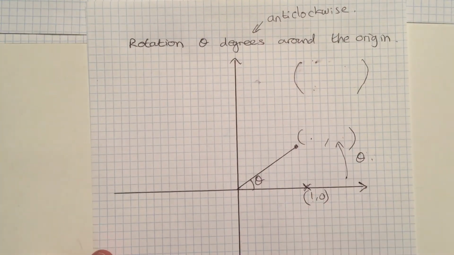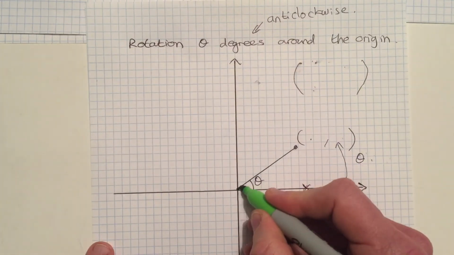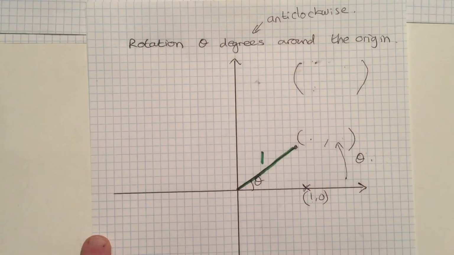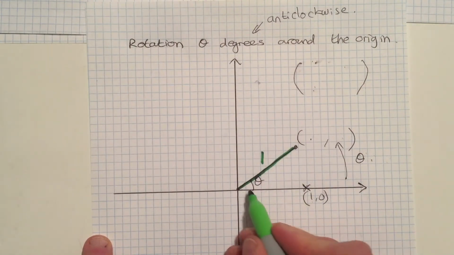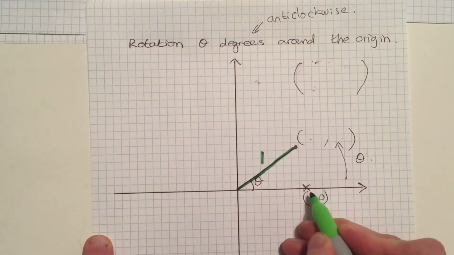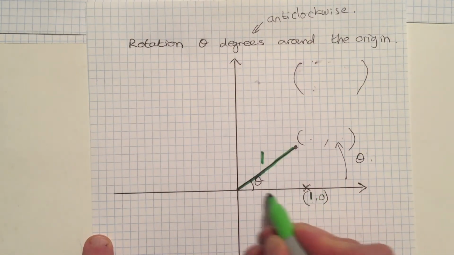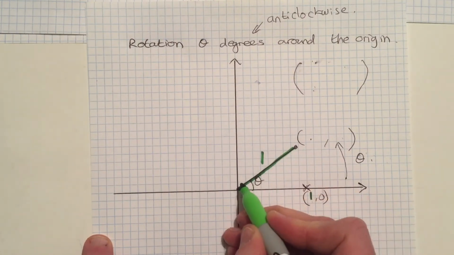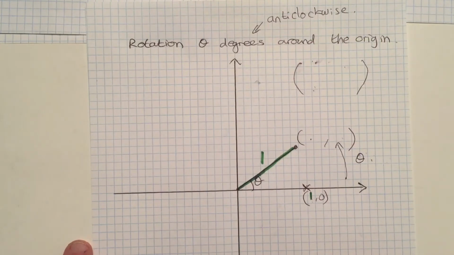So let's look at this point. I know that this line here is 1 unit long, and I know that because it is basically this line here that got rotated around. This was 1 unit because of that 1 there, and it gets rotated around, so this is 1 unit. The size will not change as it gets rotated.